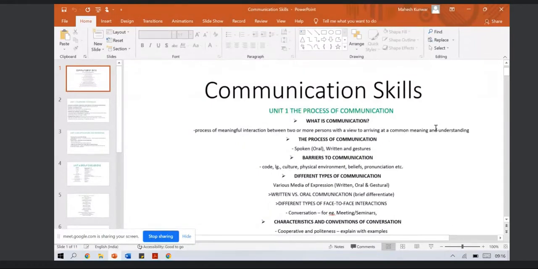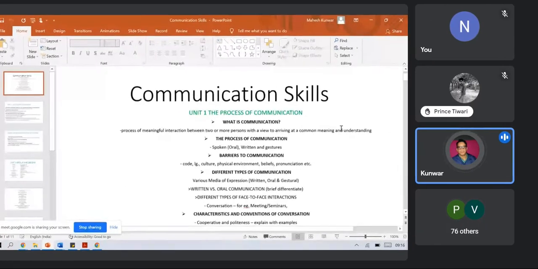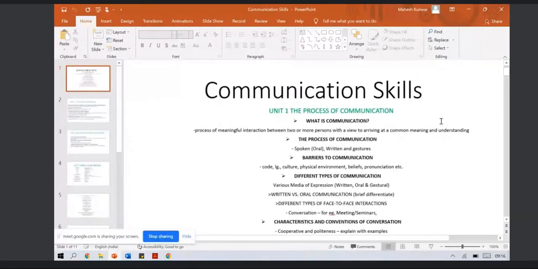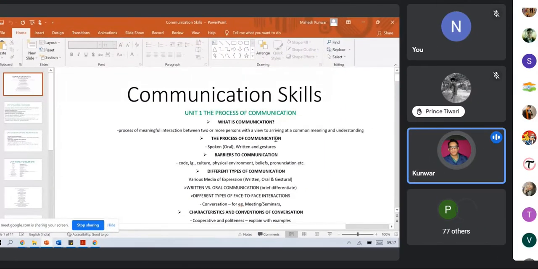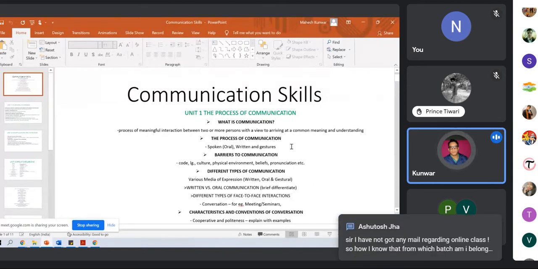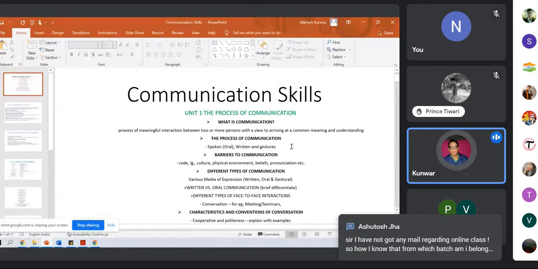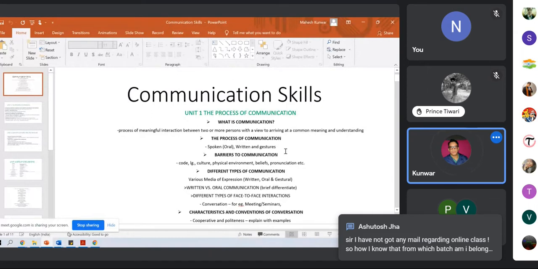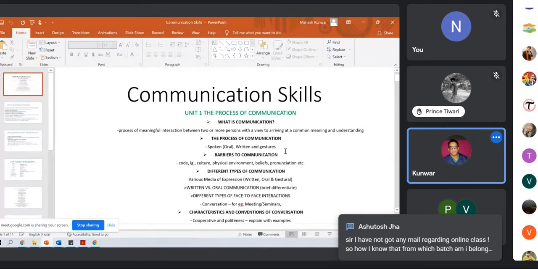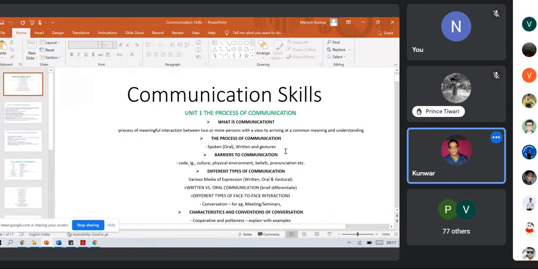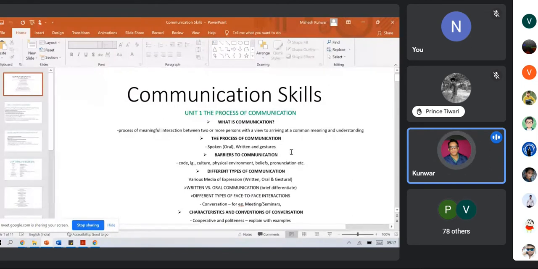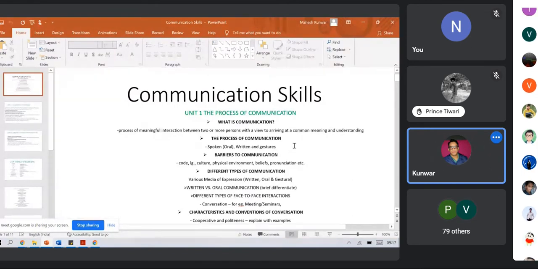So in written communication you have sufficient time to understand what the writer is trying to convey, whereas in spoken communication you have limited time to capture and understand, and the speaker may not repeat the same information.